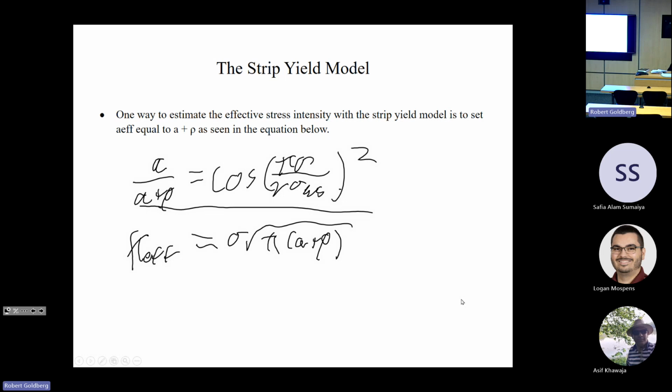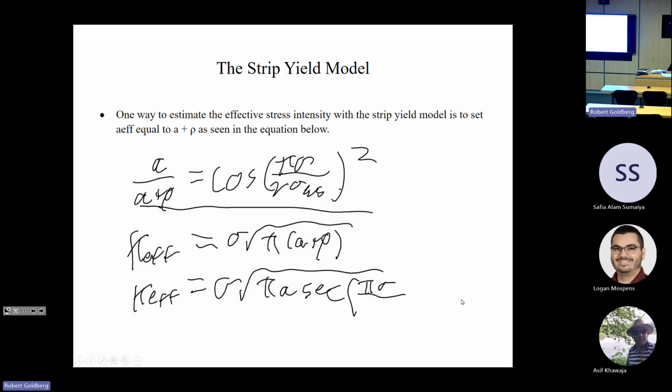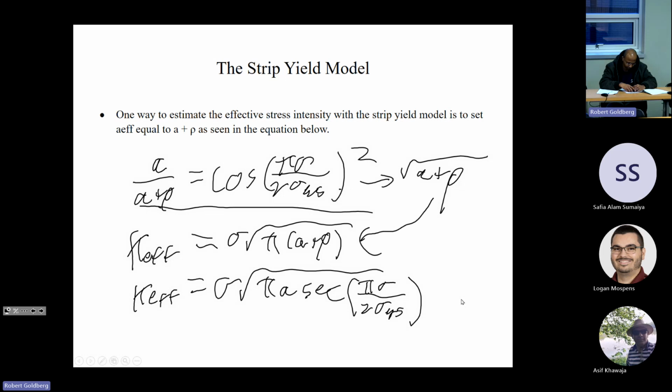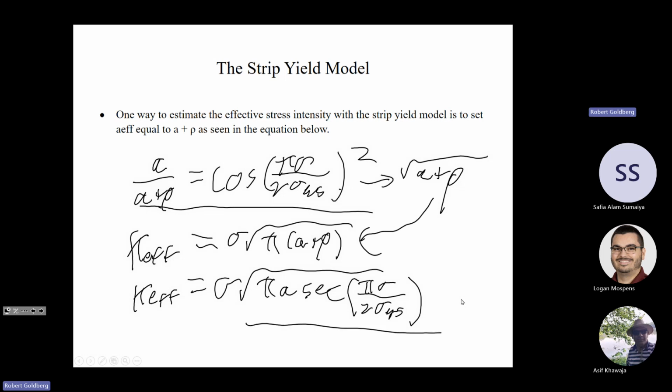We can get that our effective stress intensity factor is equal to sigma times the square root of pi times a times the secant, remembering secant is 1 over cosine, of pi times sigma divided by 2 sigma ys. You solve for the square root of a plus rho, and you plug this into here, and that's how you get this.